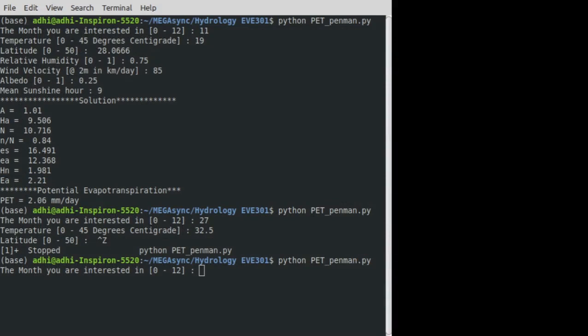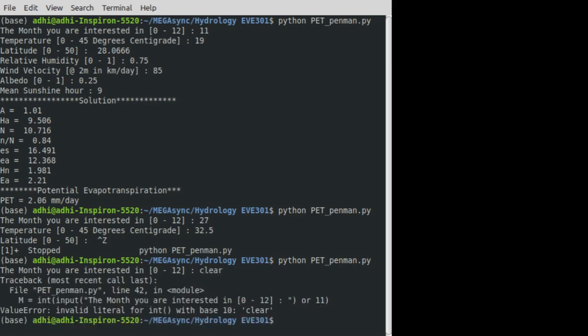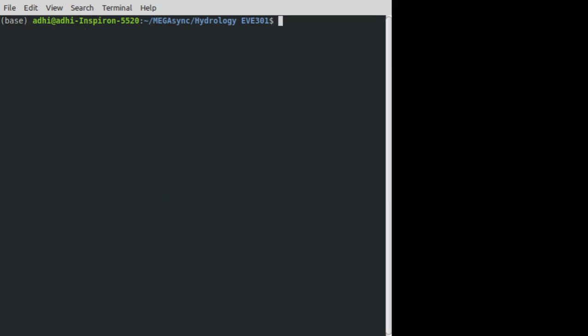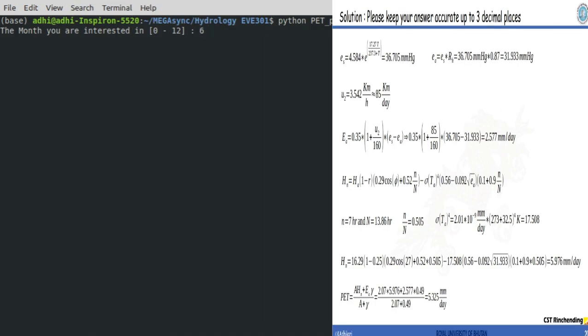Okay, now we are on the console. So let me clear this first. I'm running the program now. The month we are interested in is June, that is 6. Temperature was 32.5. Latitude is 27 degrees.